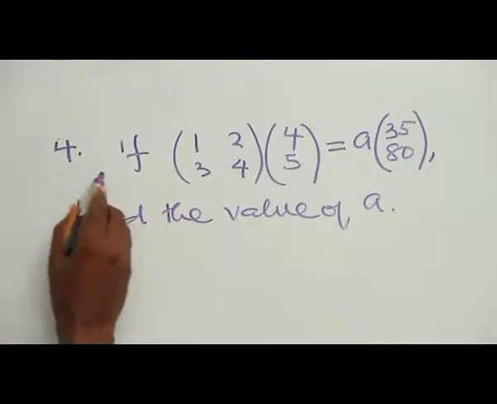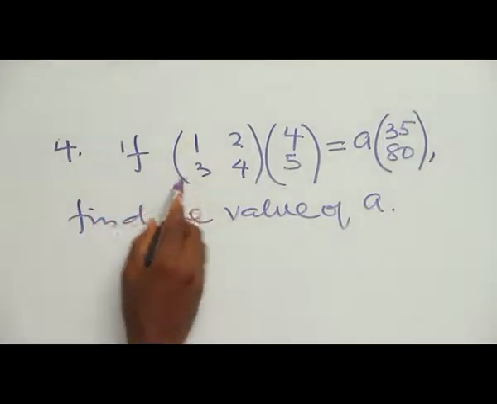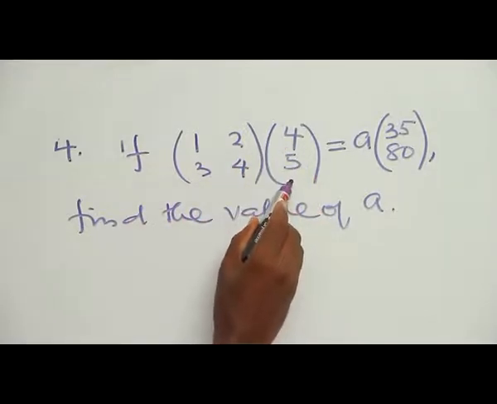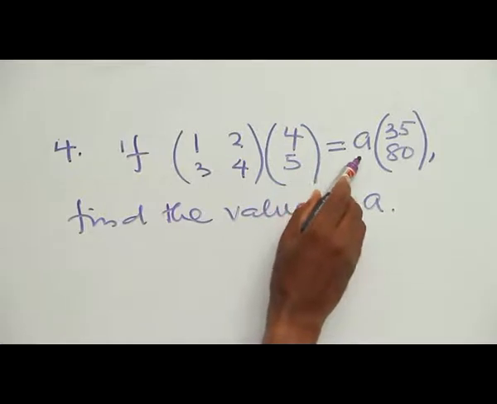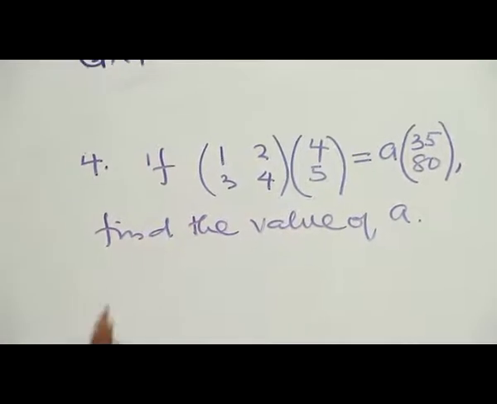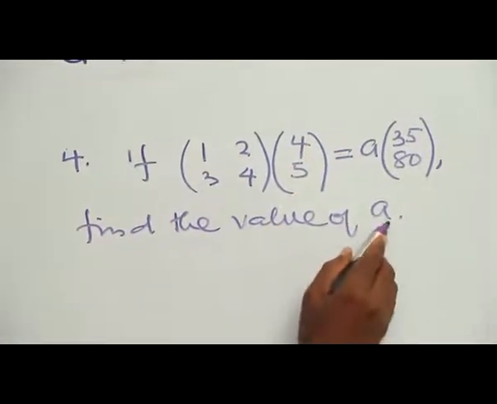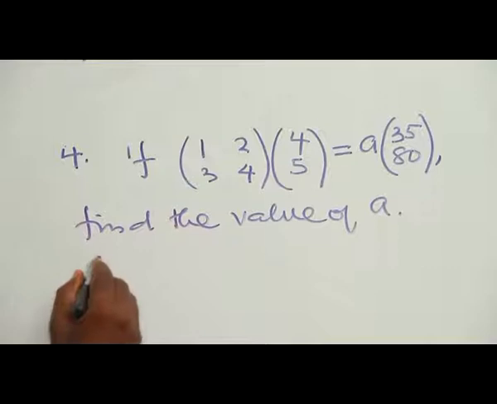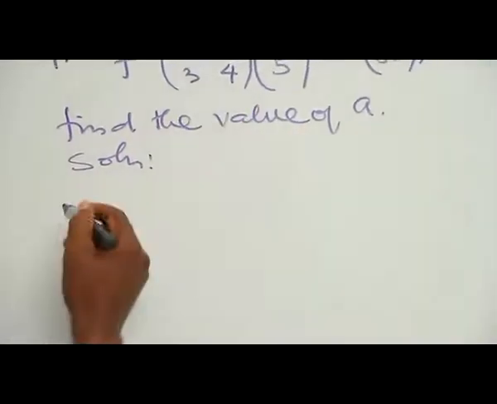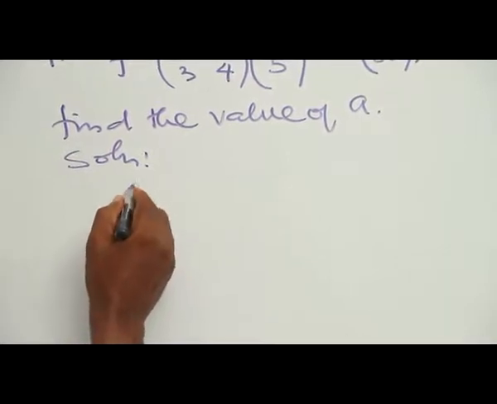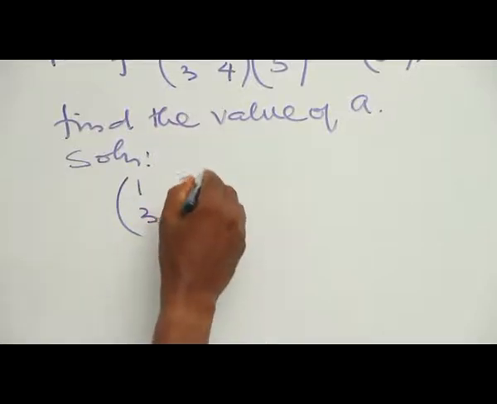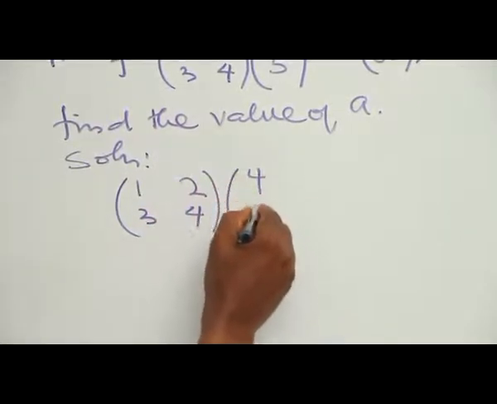Example 4. If this matrix is multiplied by this matrix, the result is equal to A times this matrix. We have to find the value of A. Our solution, you multiply out the left hand side, which is 1, 2, 3, 4, multiplying 4, 5.